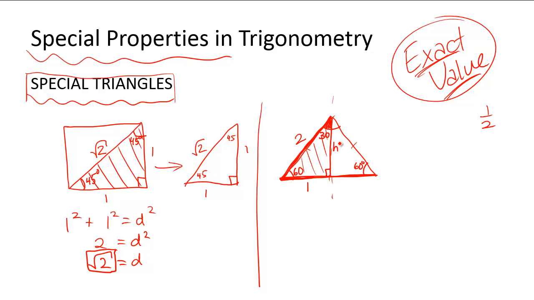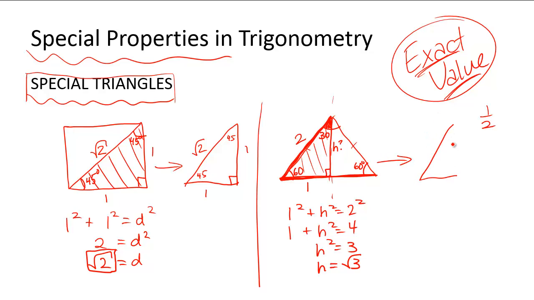But then we don't know the height. So 1 squared plus height squared is 2 squared, giving us 1 plus h squared is 4, h squared is 3, h is root 3. Thus giving us the other special triangle of 60, 30, root 3, 2, 1.